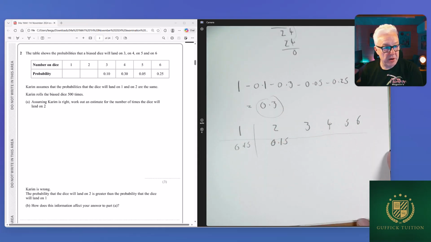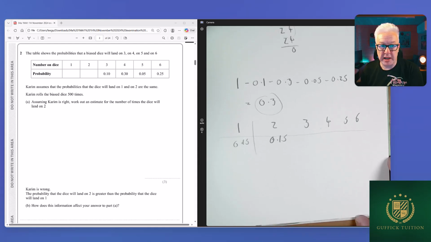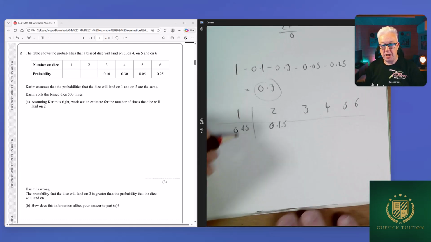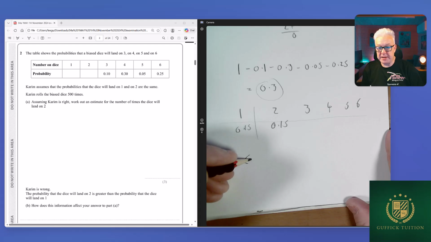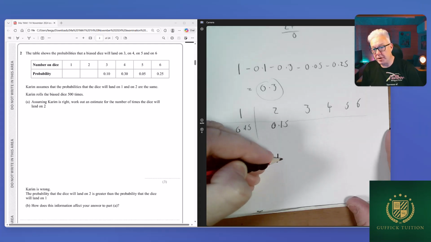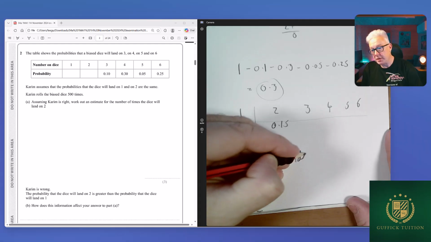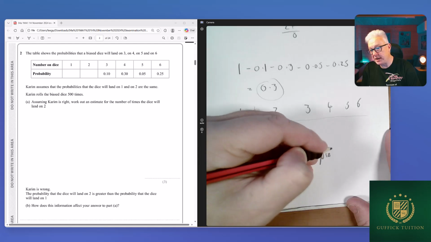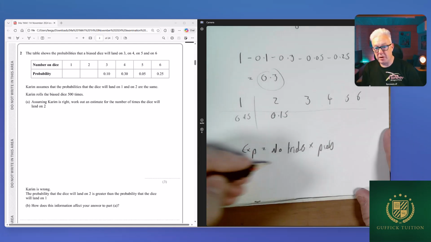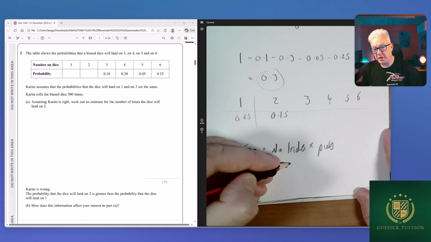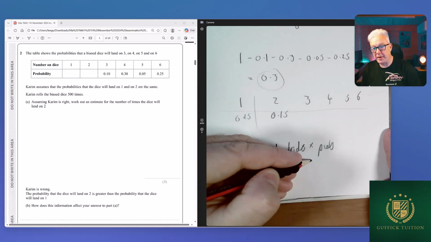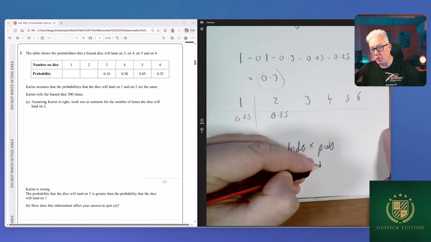Now, it says Ivy rolls the dice 500 times. Assuming that Ivy is right, work out an estimate for the number of times that the dice will land on a 2. The expected outcome is equal to the number of trials times the probability of the event. So the number of trials is 500, times the probability of the event, which is 0.15.